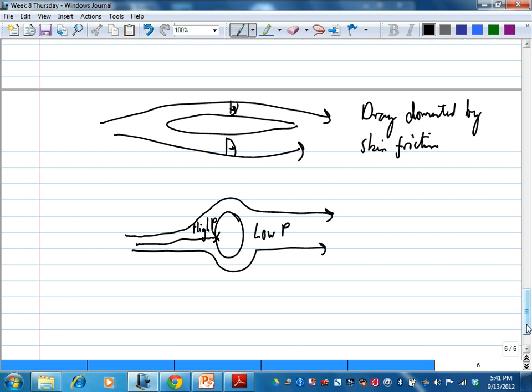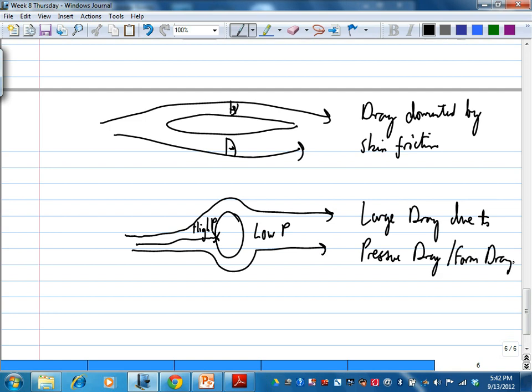So this will result in a large drag due to, sometimes they call it pressure drag, sometimes they call it form drag.